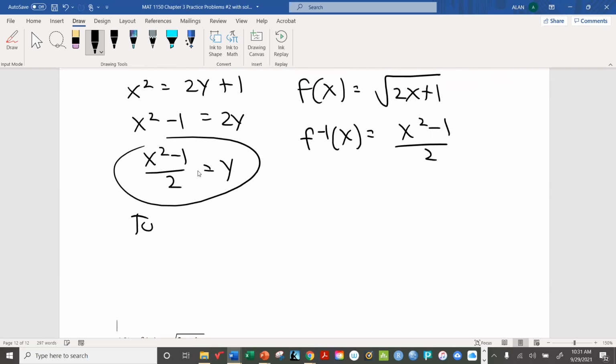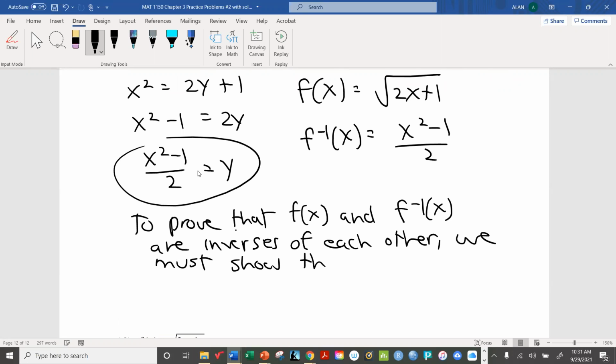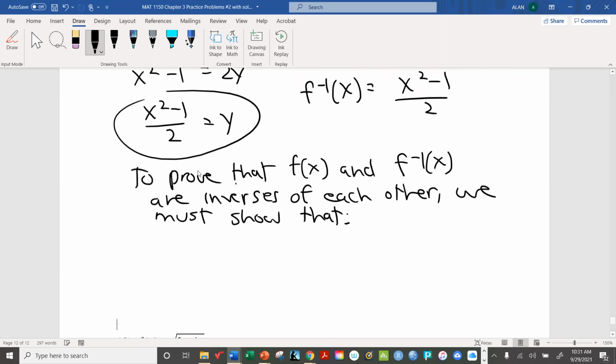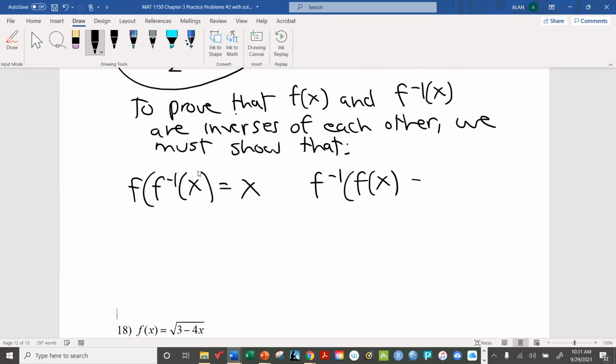To prove that f and f inverse are inverses of each other, we must show first that f of f inverse of x equals x, and f inverse of f of x equals x.